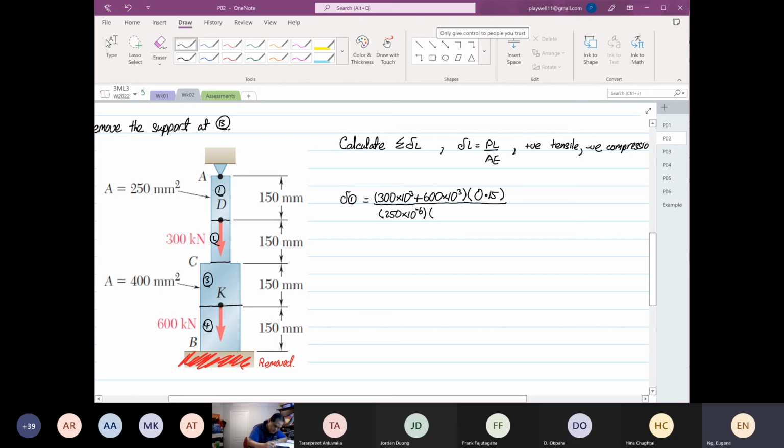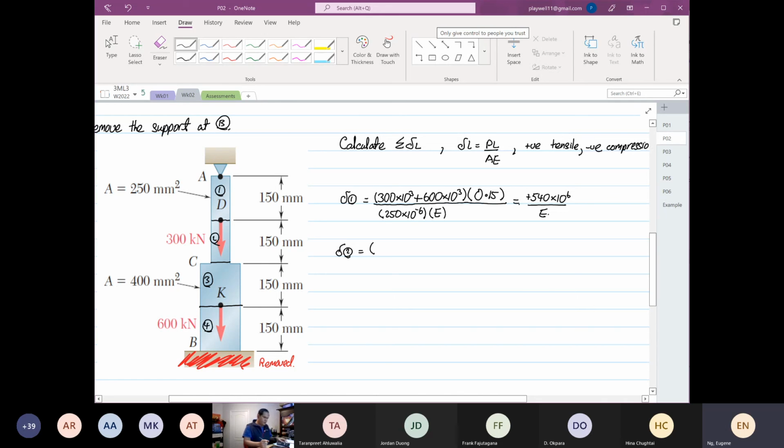Young's modulus value was not given. We just put it as E. So this will be 900 times 10 to the power 3 times 0.15 divided by 250 times 10 to the power minus 6, which is equal to 540 times 10 to the power 6 positive, divided by E.